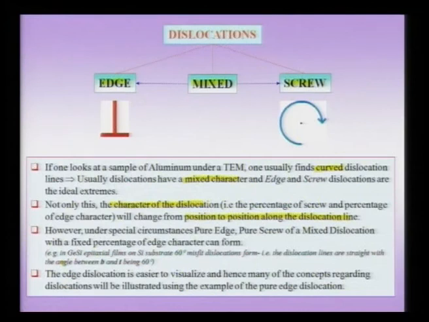And similarly, if you want a fixed character, for instance edge, this can be found in an epitaxially grown GeSi film on a silicon substrate, wherein you will find 60-degree misfit dislocations, and these are straight dislocations, and the edge character is what is being described by this 60-degree, as we shall see later. So, you can have in special circumstances pure edge, pure screw, or what you might call a mixed dislocation of a particular edge character, but under normal circumstances you will find that the character is mixed, and not only mixed, it is varying from point to point along the dislocation line.